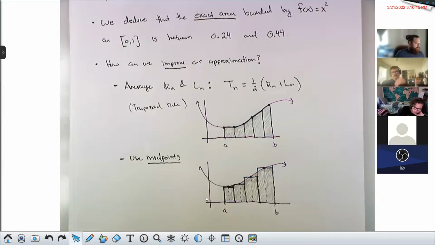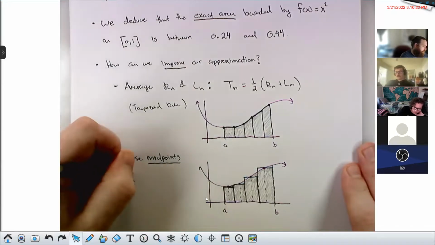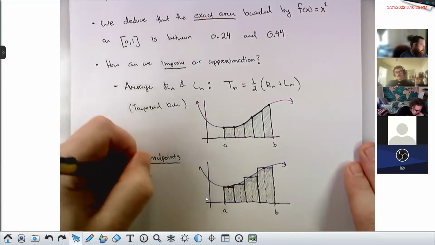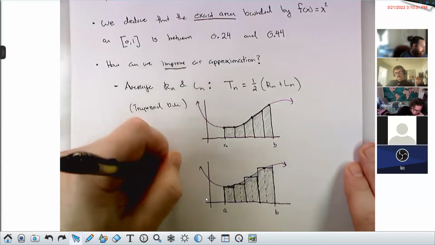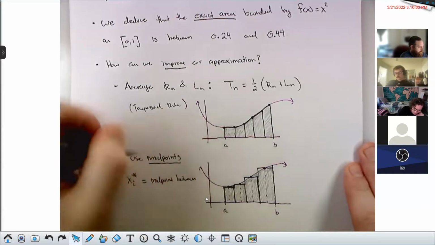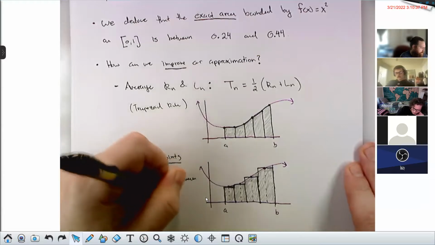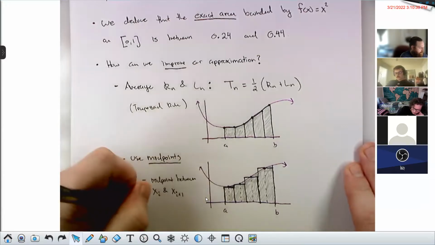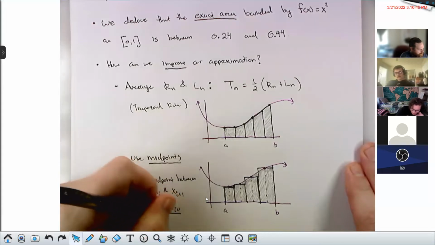The thing you need to modify to get the midpoint is you change xi. You can use xi star, and this is the midpoint between xi and xi plus 1, which is xi plus xi plus 1 over 2.